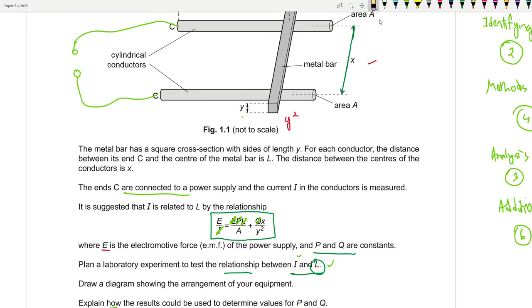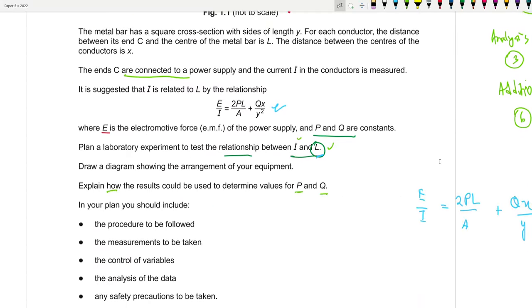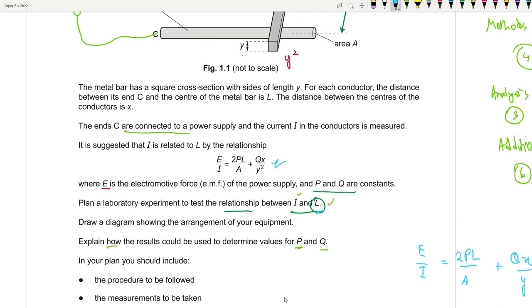So let's begin. We need to rearrange this relationship. We have E by I is equal to 2PL divided by A plus QX divided by Y square. Essentially, we know that L is the independent variable and I is the dependent variable. So we have to rearrange it to y is equal to mx plus c, with I on the left hand side.